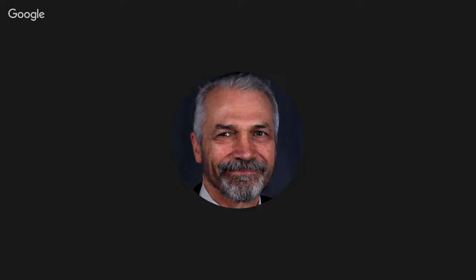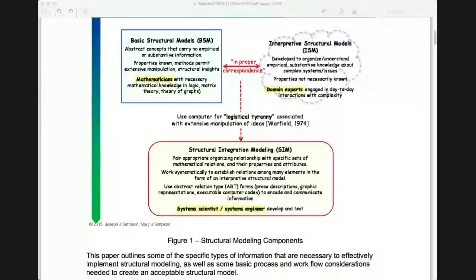The structural integration modeling component was developed by Systems Concepts, and essentially that's an area where the mapping of this knowledge between the basic structural models and the empirical data from the social technical systems are analyzed.